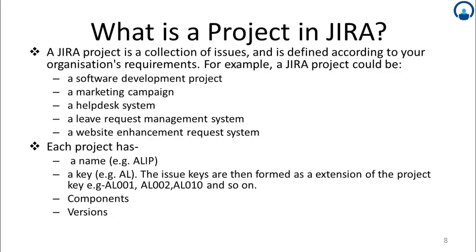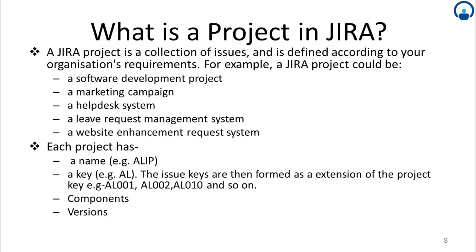So that name will be the JIRA project. A help desk system like for example the Vodafone system, a leave request management system, or a website enhancement request system. So if there is a company doing enhancements to a website, then the name of the system becomes the JIRA project name. So each project will have the following things: a name.